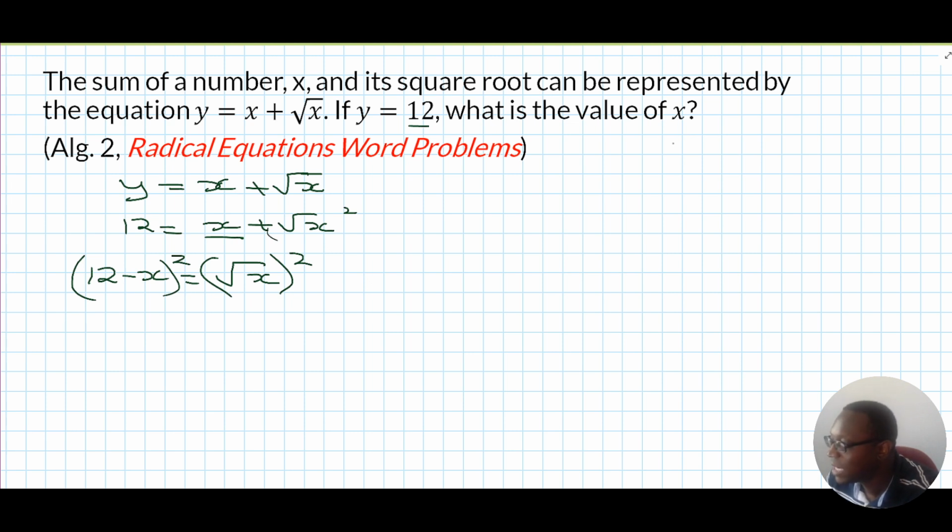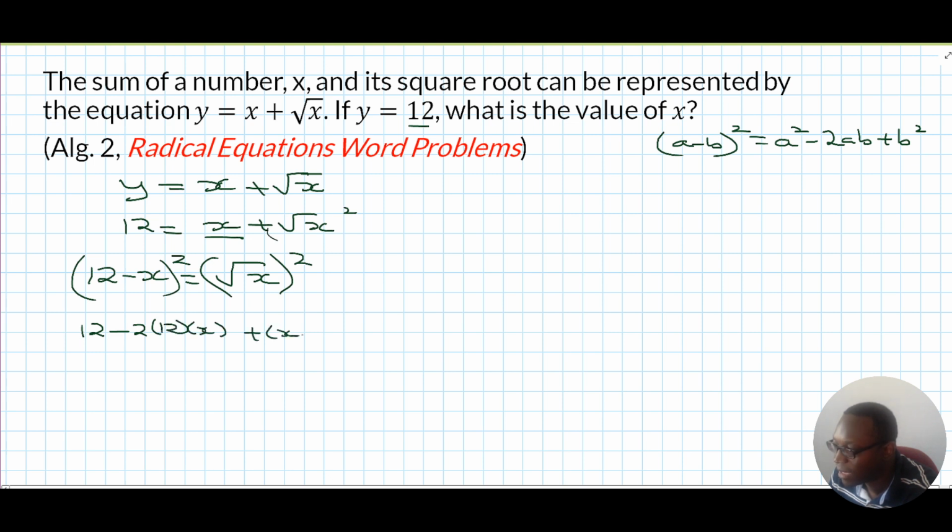Let me show you a formula that I like to use. A minus b squared is a squared minus 2ab plus b squared. So 12 minus x squared is now going to be 12 squared minus 2 times 12 times x plus x squared.